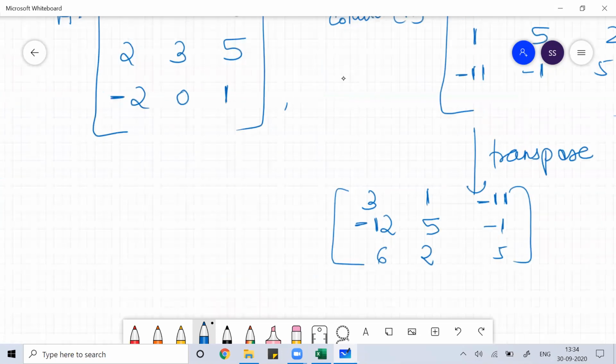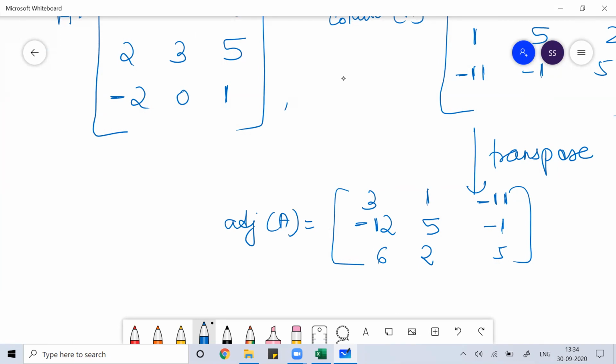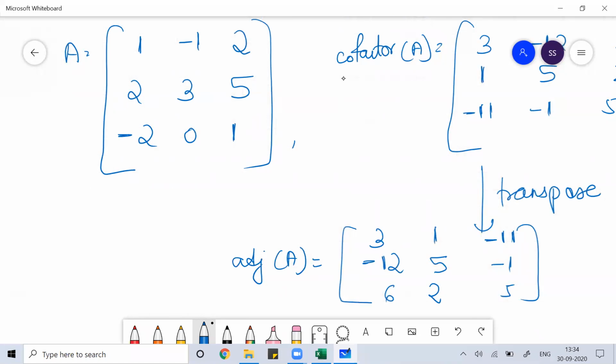This is the adjoint of A. So whatever cofactor you get, if you do the transpose of the cofactor, you will get the adjoint of A.